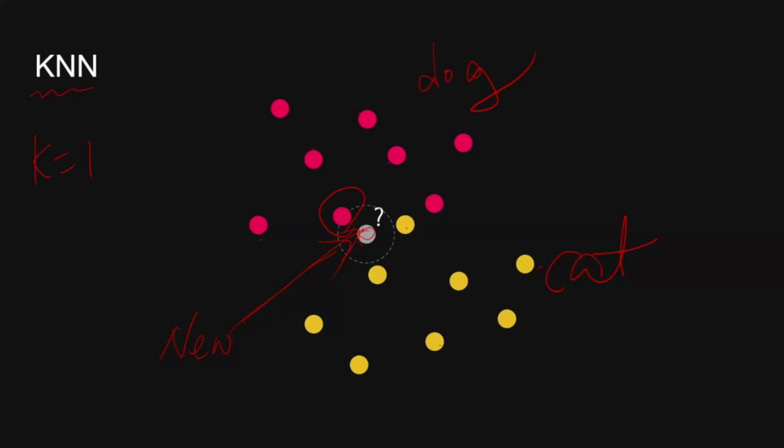So the one nearest neighbor algorithm finds the closest neighbor to the given point, and the classification of this gray point is then going to be a dog, and therefore the red color. Of course, when k equals 1, it can be quite sensitive to noise.